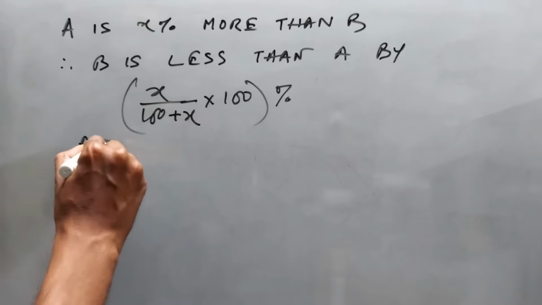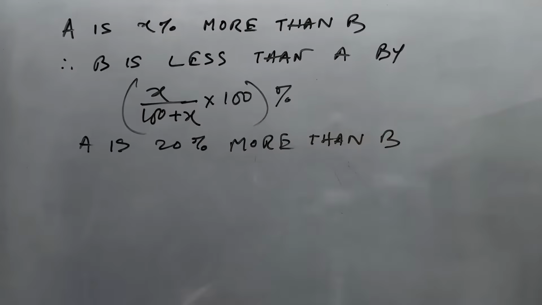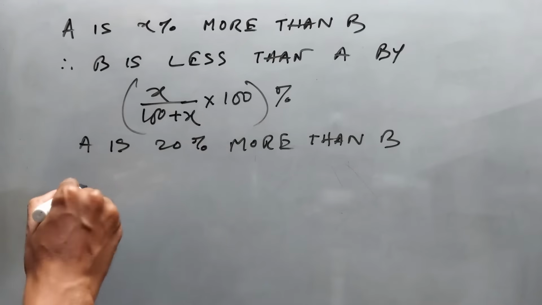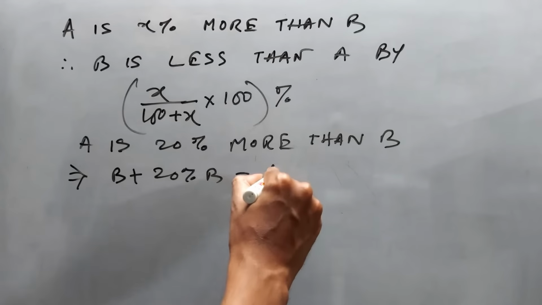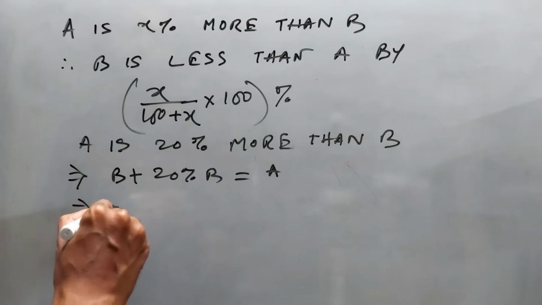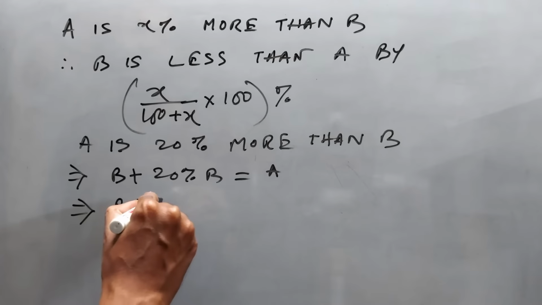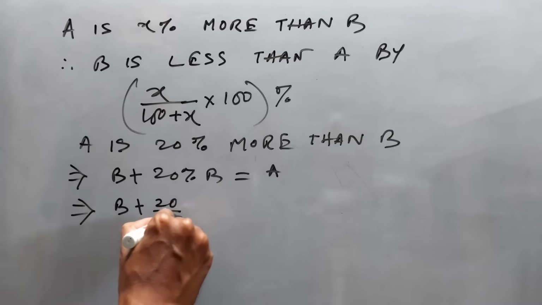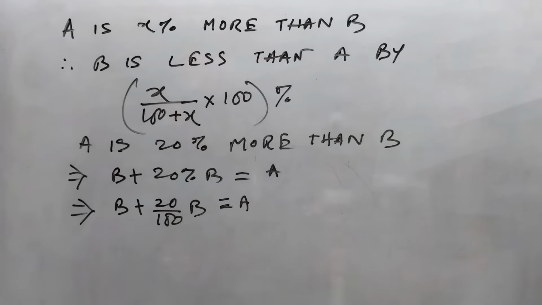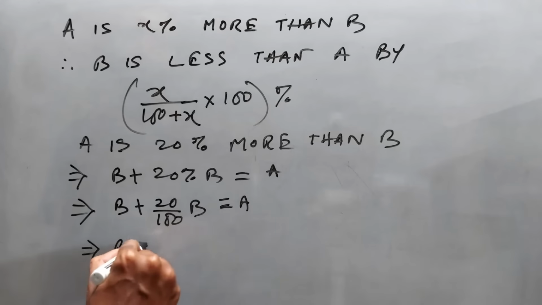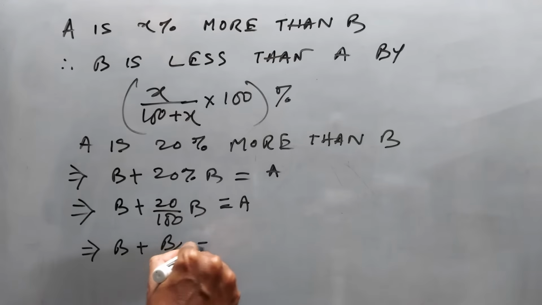Say a is 20% more than b. Now this implies b plus 20% of b is equal to a, right? That means b plus 20 by 100 into b, definitely. This equals a, fine. So this is b by 5. So b plus b by 5 is equal to a.